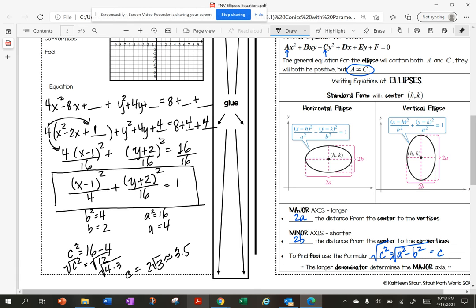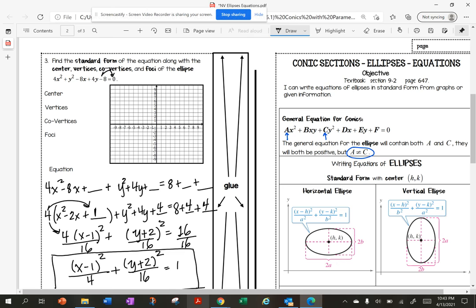Okay, so let's graph it and state our information. Okay, so we said we had a vertical ellipse because the a squared term is under the y coordinate. The center is at 1, -2. So at 1, -2.